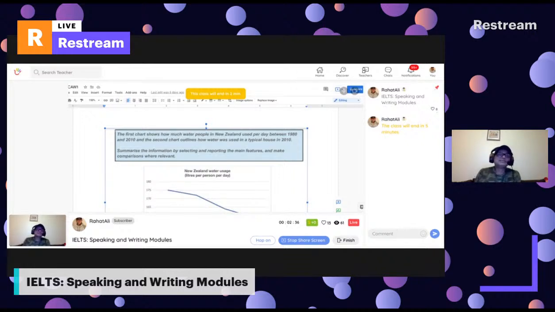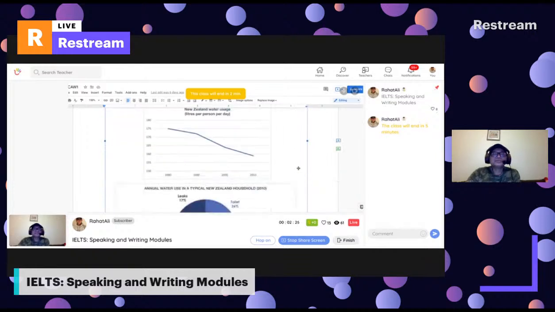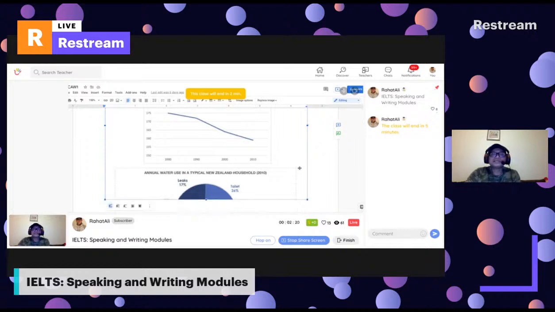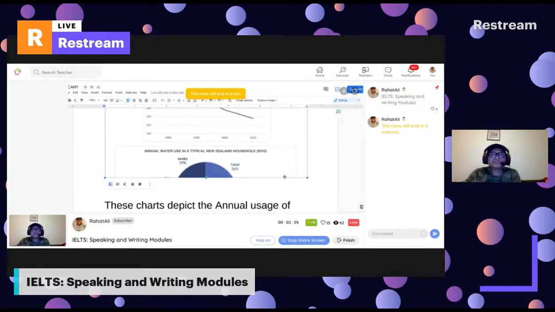The main feature is the daily use in the first chart from 1980 to 2010, and the second chart in 2010, how much water was used in households in New Zealand. 26% in toilet, 70% in leaks. Okay, this paragraph has been cropped.